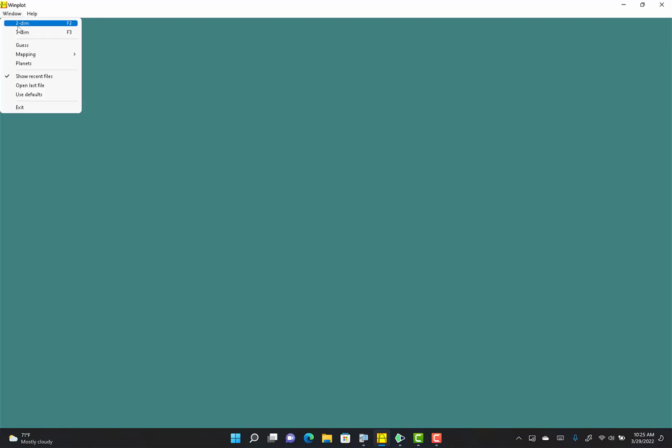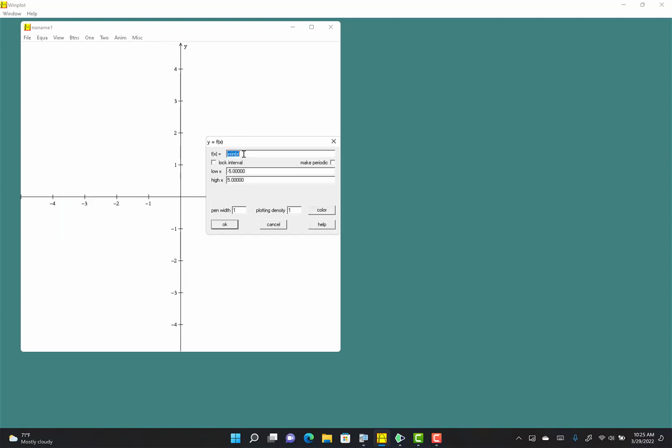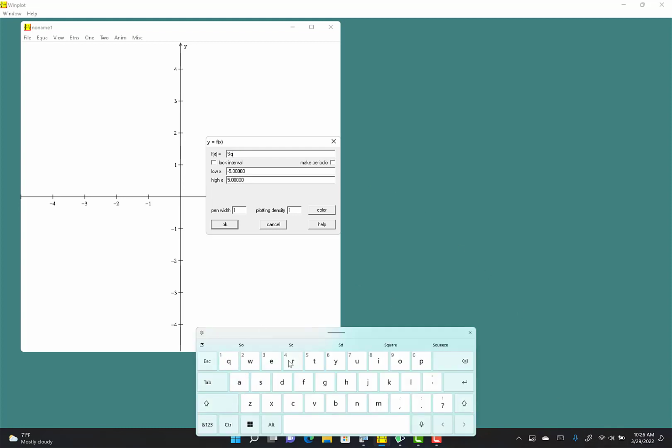So window, 2 dimensions, equation, explicit. It's hard when you don't have a keyboard. You know what I mean? SQRT, X. Block interval, 0 to what? 0 to 4.